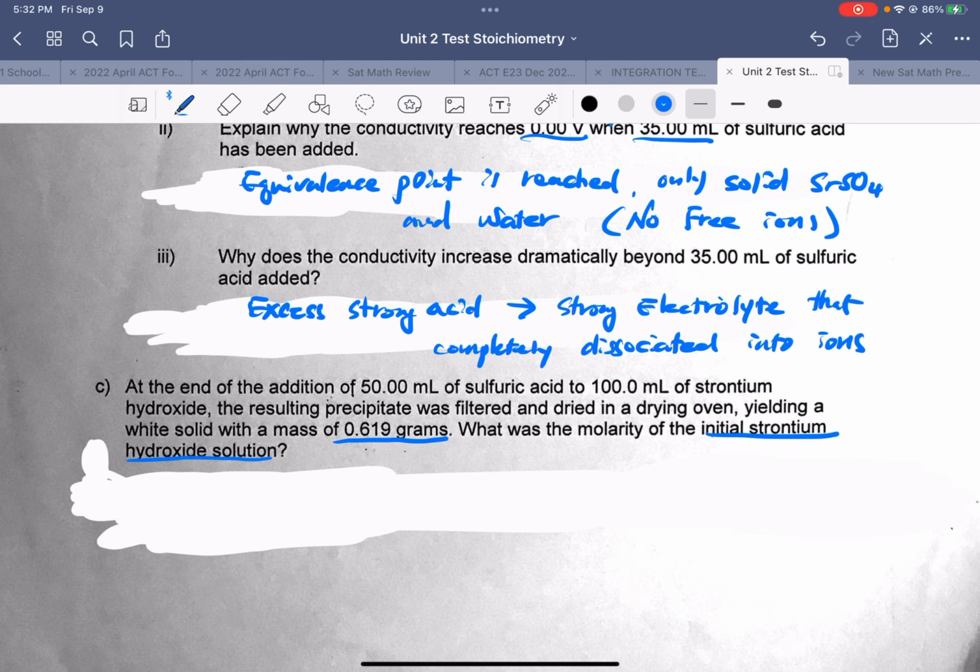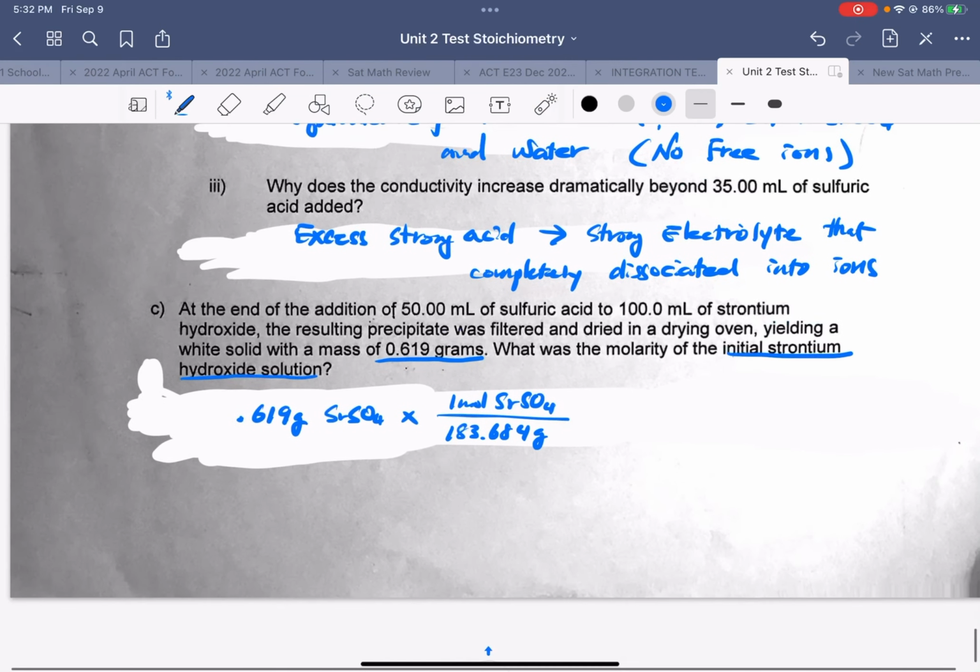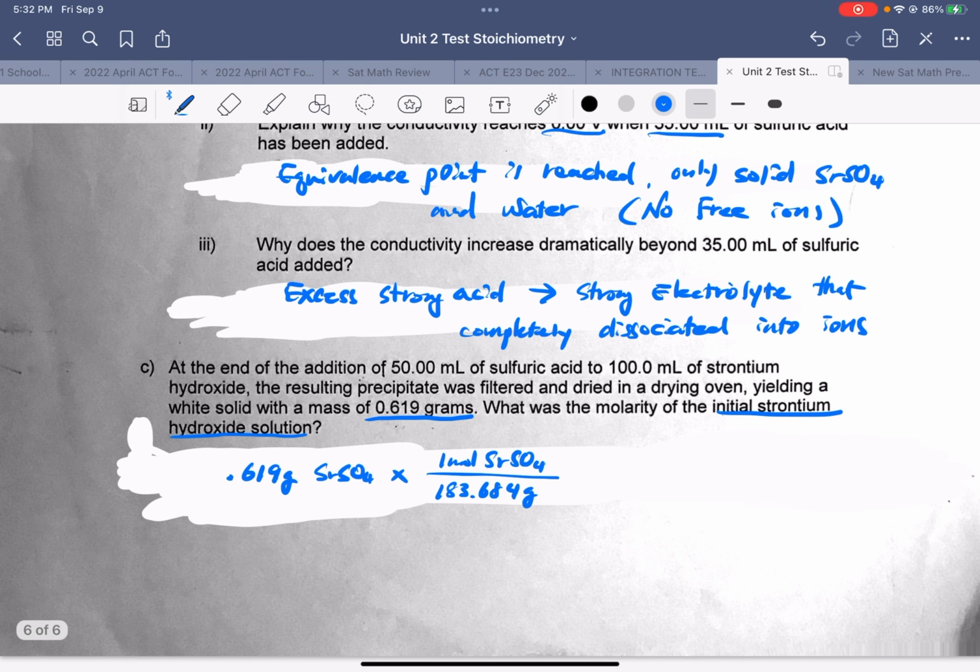Okay, so you start with that 0.619 gram of SrSO4, right? That's solid. So let's see how many moles that is. 1 mole of SrSO4, using the periodic table, you're going to find that it is 183.684 grams.